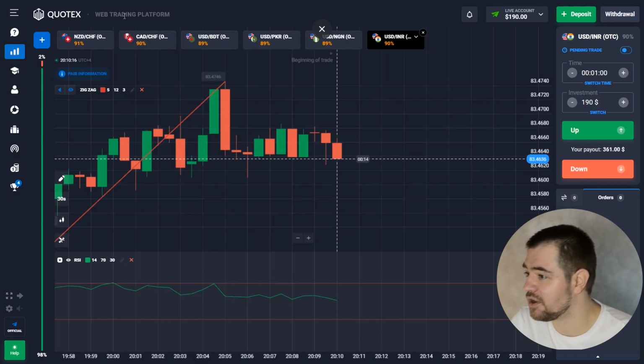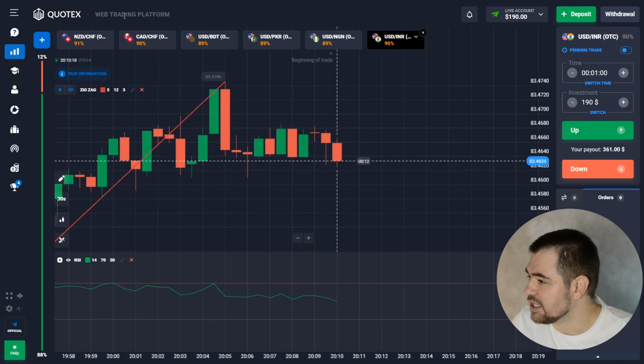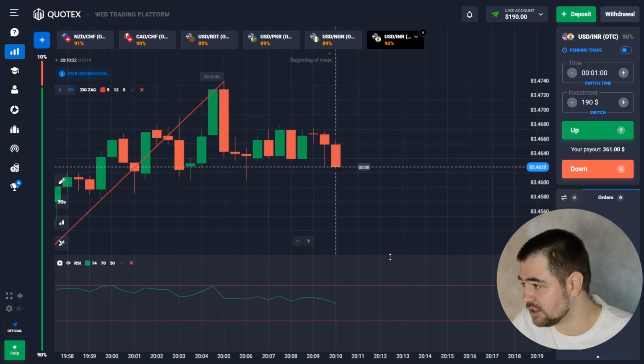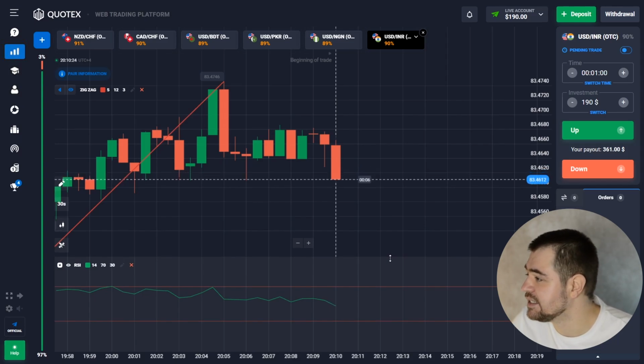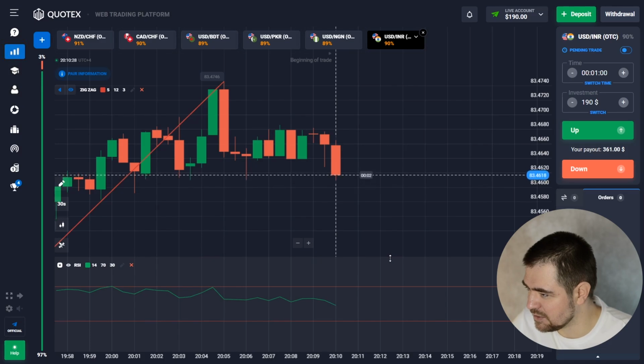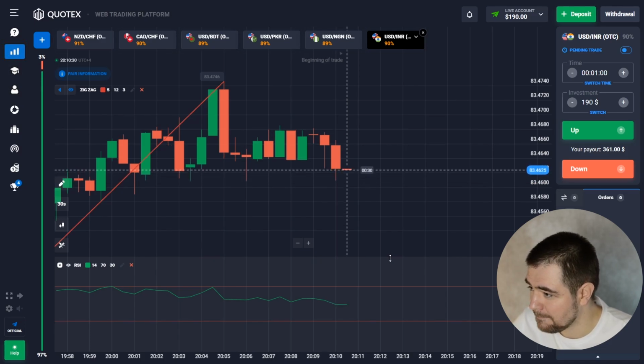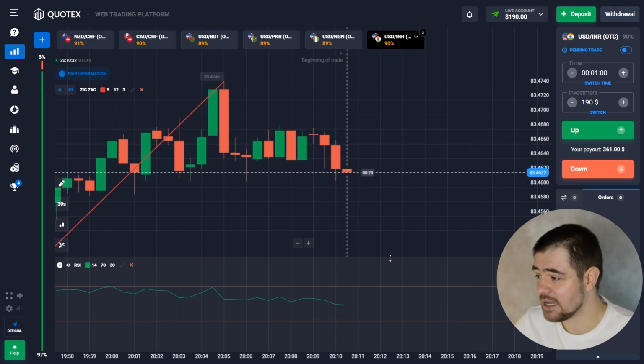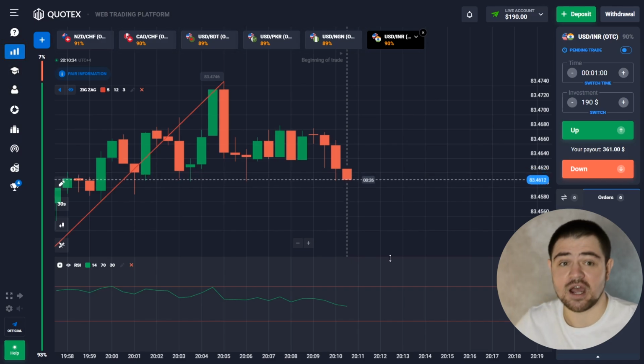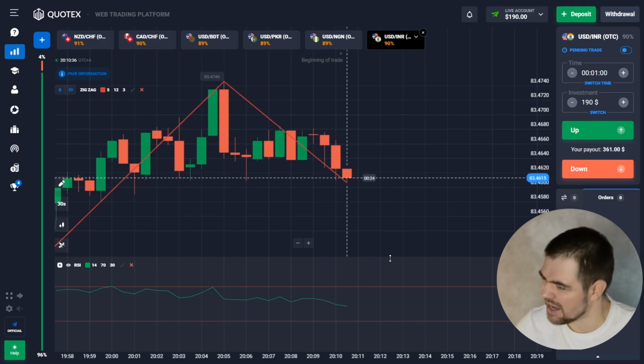I trade with binary options, and today's session is about to start, so let's go. Our session today is starting with $190. I see the zigzag is about to let us know. I think there's a big gap. We have the zigzag and the RSI indicator, and there we are.